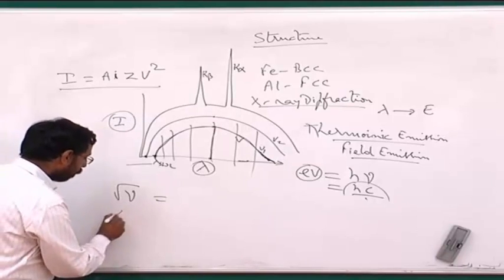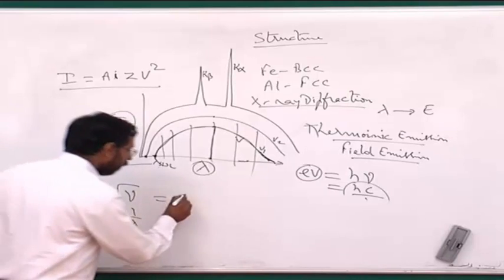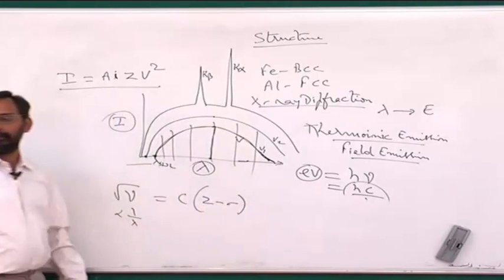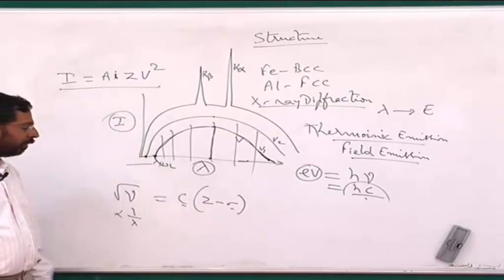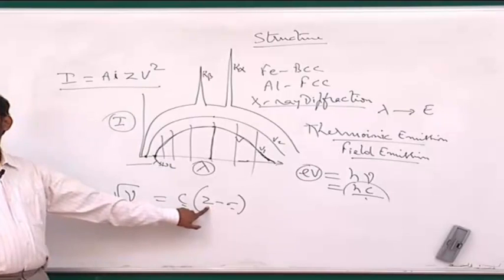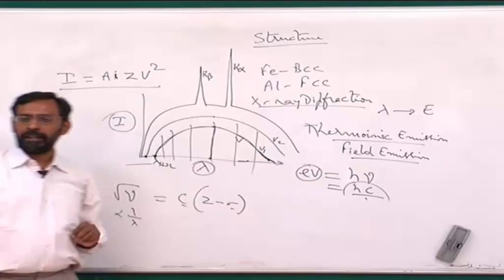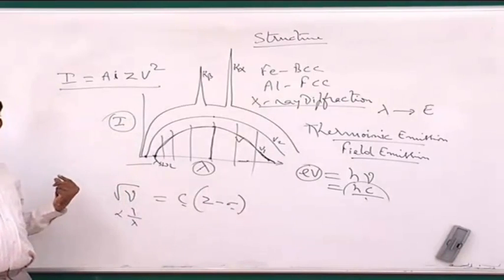Frequency is inversely proportional to lambda, you know that. So frequency is proportional to, people have shown that there is a relation like this, where C and sigma are two constants and Z is the atomic number. That means the larger the atomic number, the larger the frequency. That means the smaller the wavelength.